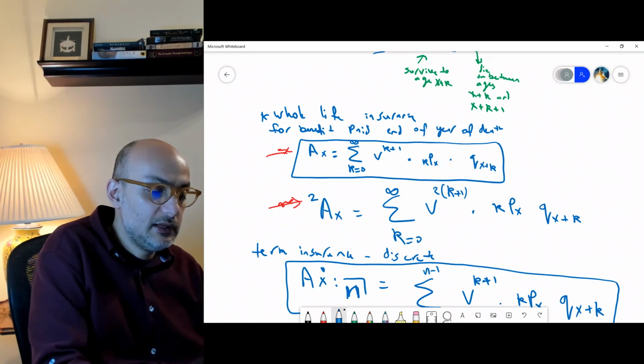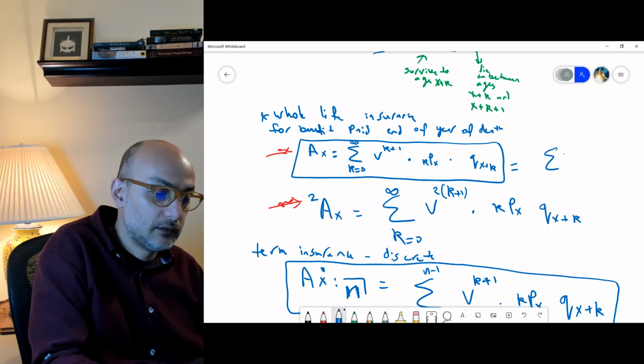This one can be written as V^(K+1), and this can be now somebody, we have K|Q_X, the deferred mortality.